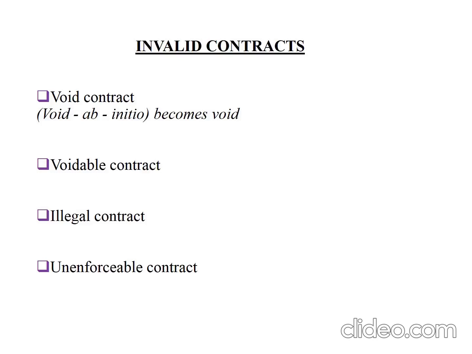Illegal contract: a contract where the legality of the lawful object is not there is called an illegal contract. Unenforceable contract: due to details which are not available or not applicable, the contract is not enforceable at law, and is called an unenforceable contract.